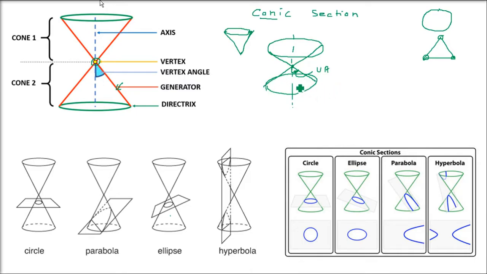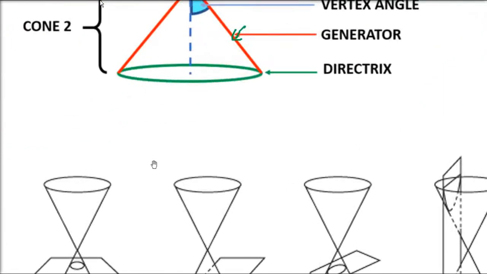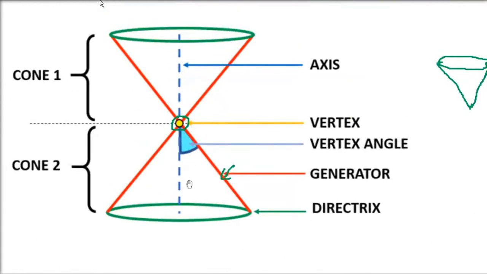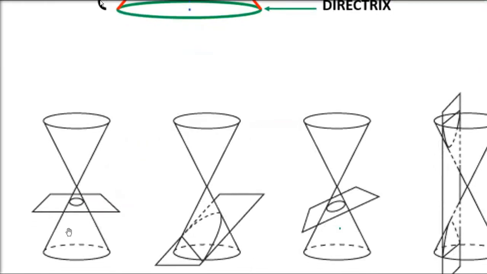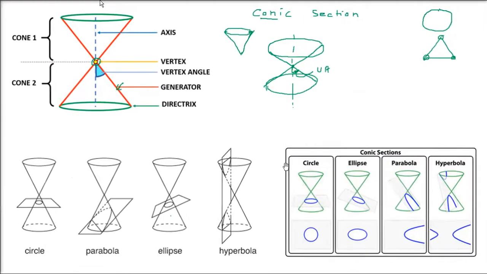In most of the books it is called as alpha, vertex angle. And there will be a locus being formed. When you swirl it, you rotate that stick around some axis, there will be some directrix. So the best idea is to understand: take a plane, simple, and just take it perpendicular to this axis and cut this shape, either above or below.